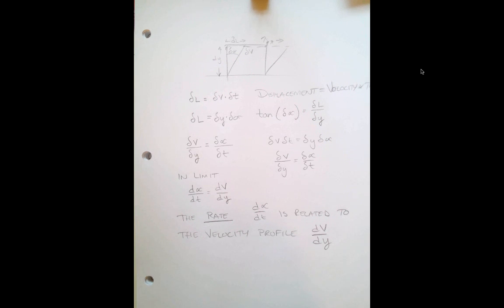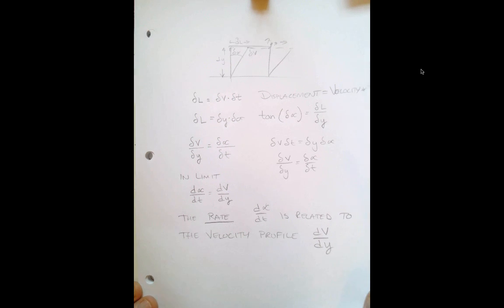That's a very important concept. The velocity profile and the rate of deformation are related. And if that relationship has certain properties, then we can determine whether the fluid is Newtonian or non-Newtonian. And if it's Newtonian, then the constant of proportionality is called the absolute viscosity. So let's transfer these onto another sheet of paper.